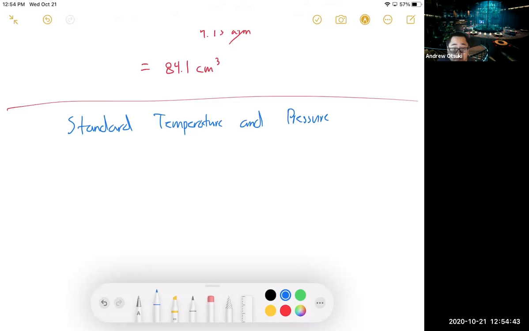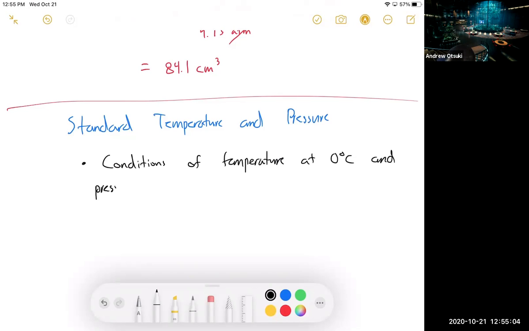The conditions for standard temperature and pressure are a temperature of 0 degrees C and a pressure of 1 bar, at which gas volumes and quantities are measured and compared.